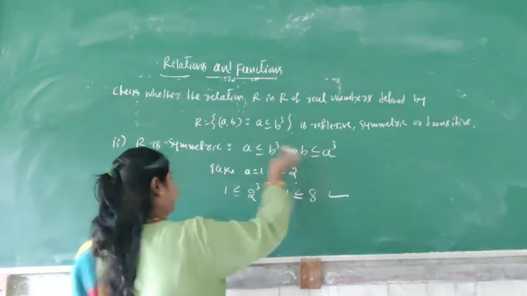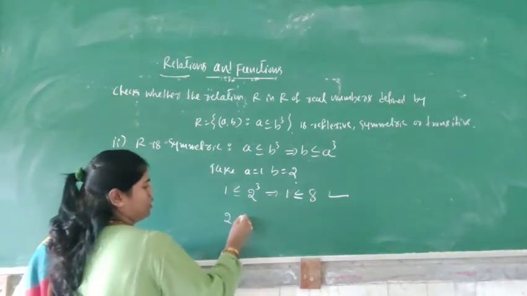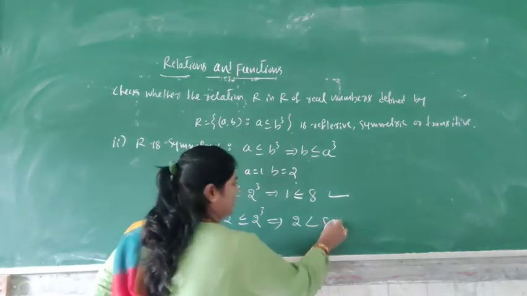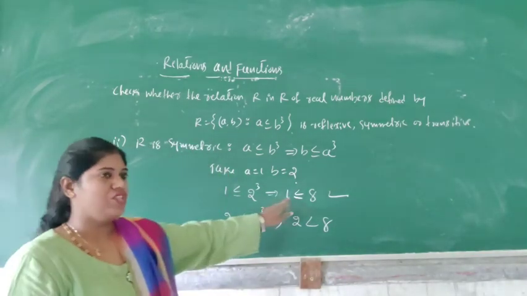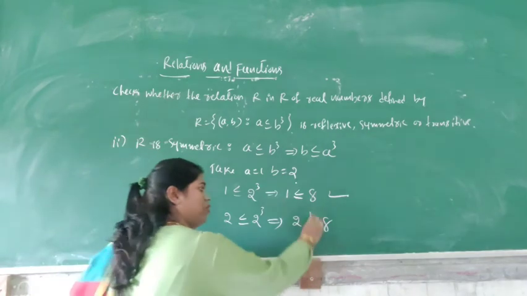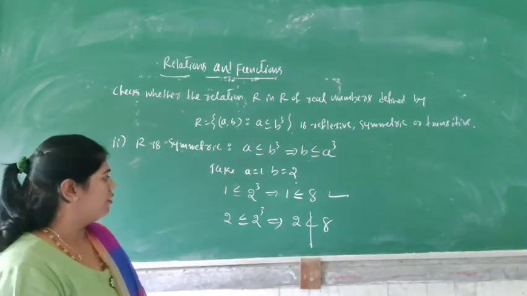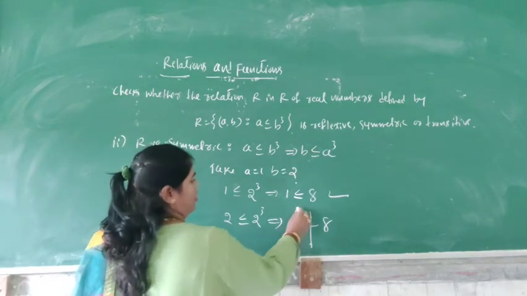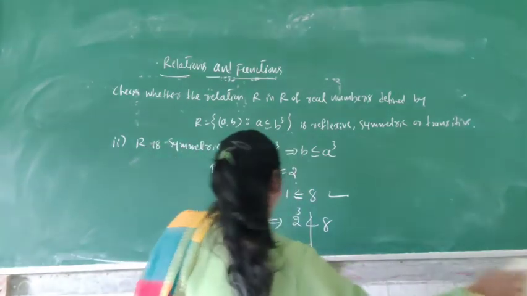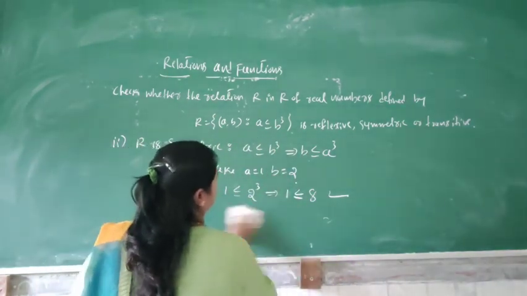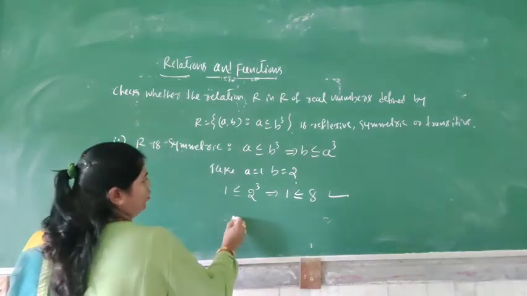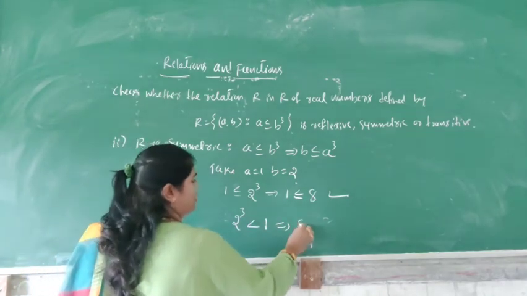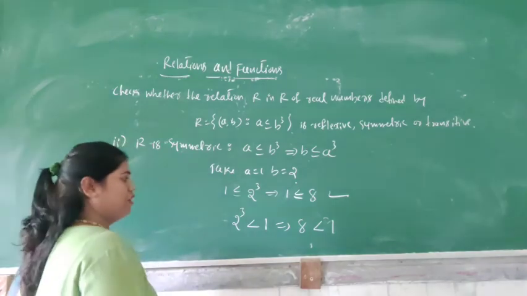But it should also satisfy B less than or equal to A cube, that is 2 less than or equal to 1 cube. 1 cube is 1. Is 2 less than 1?